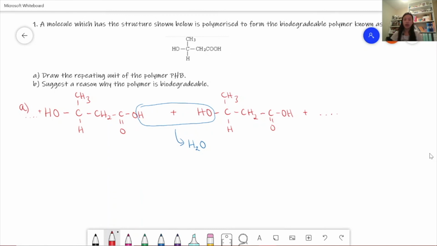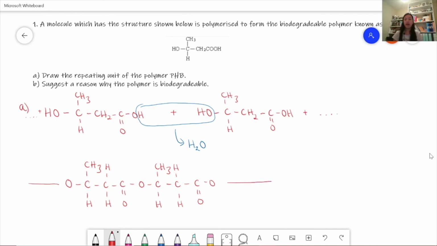So we have oxygen, then carbon with a CH3, then hydrogen, then CH2, C double bond O, and then now we have O, C, CH3, then carbon with 2 hydrogens, then C double bond O, O, and so on.